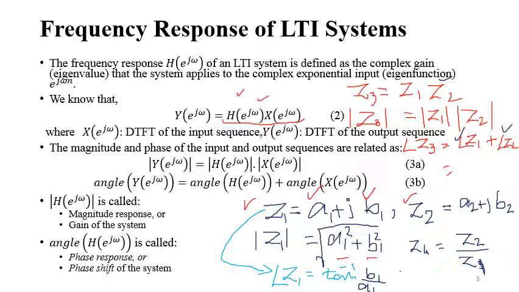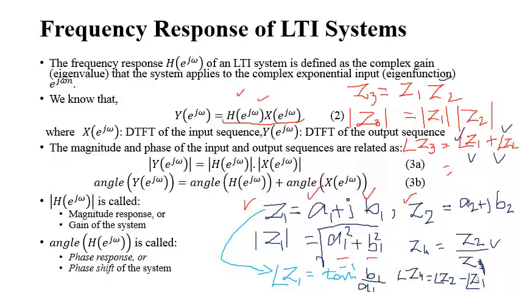Similarly, can you tell what will be the angle of z4? The angle of z4 will be equal to the angle of z2 minus the angle of z1. You understand why? Because if they are multiplied, then the corresponding angles will be added, and if they are divided, then the angles will be subtracted.